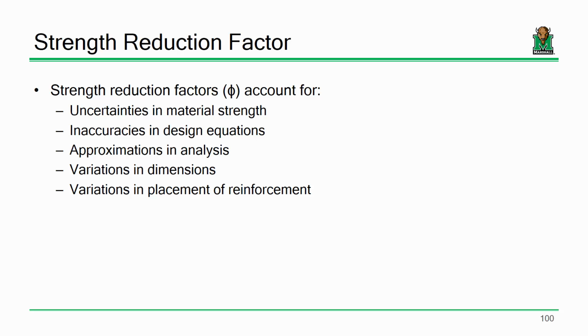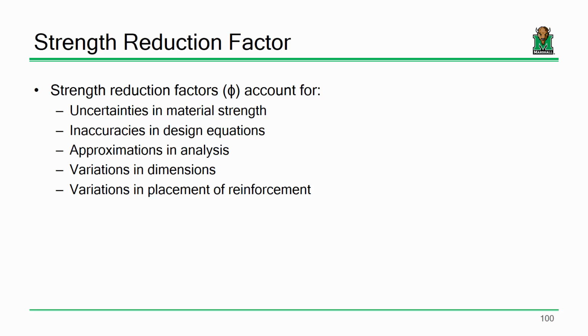We bumped the dead loads up by 1.2 and the live loads up by 1.6. The reason we did that is because we had more uncertainty associated with the live loads than the dead loads, so we bumped the live loads up more. The idea was to get a uniform level of safety, but all that was on the load side. Now what we've got to talk about is uncertainty and behavior on the resistance side, on the strength of the concrete beam.